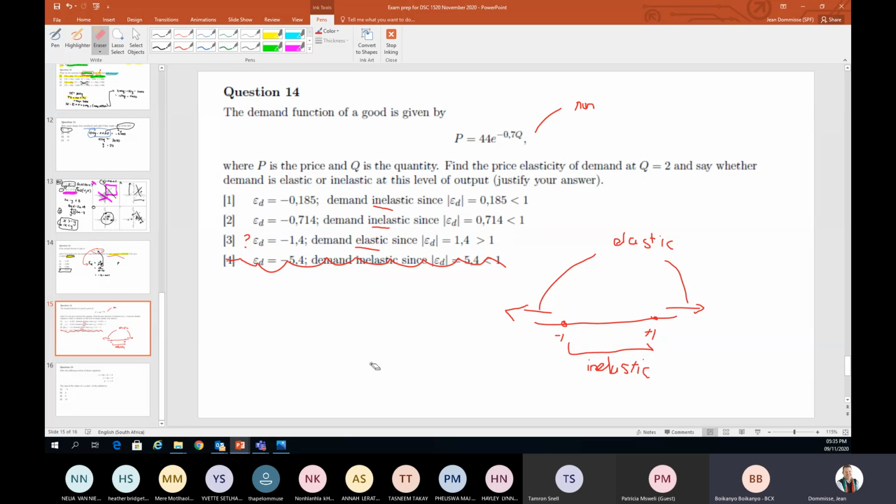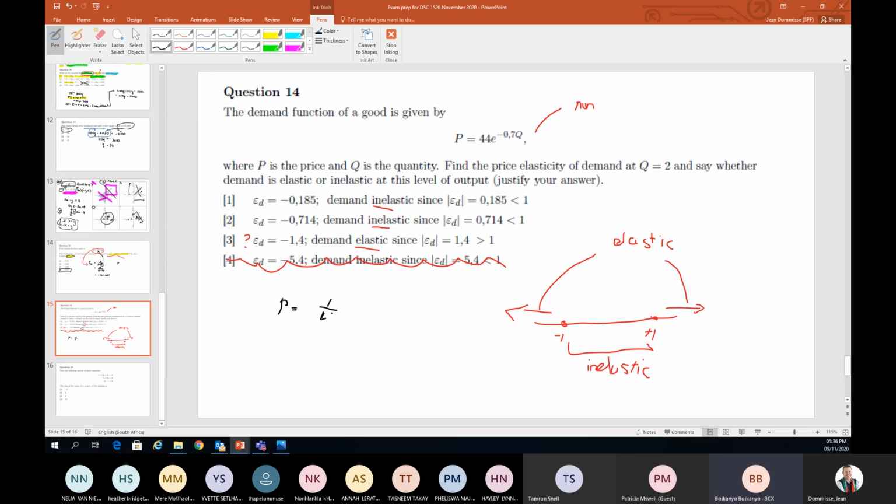Oh, I thought somebody's going to give us the solution. Yes. Hi, Jacques. Hi. Sorry, in the laws of exponents, I think on the notes that you gave us, this equation would be similar to P equals 1 over 44 e all to the power of 0.7q.